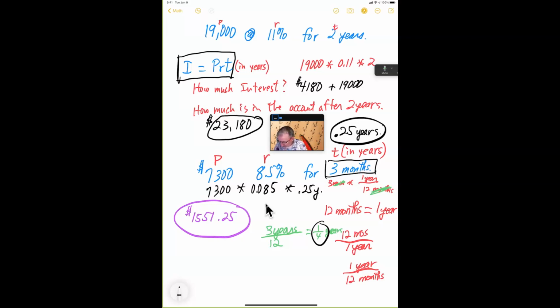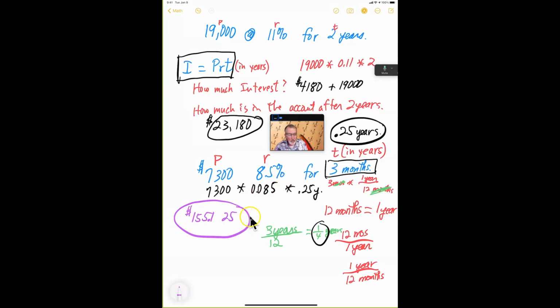7,300 times 0.085, right? That's 8.5%, times 0.25. Okay, that looks better. So basically what we just did was divide this all by 10 more. So we can move our decimal point. This is an easy fix now. We're going to move our decimal point one place over because adding this 0 in here was like dividing this by 10.